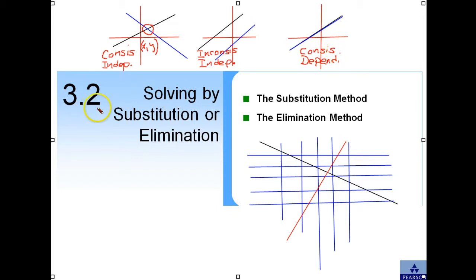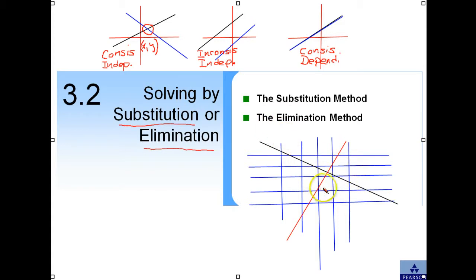Now, what are we going to learn in section 2? Well, in section 2, we're going to solve these equations by substitution in some cases, elimination in other cases, and we'll go over these methods as we go through the lesson. But why do we need other methods?